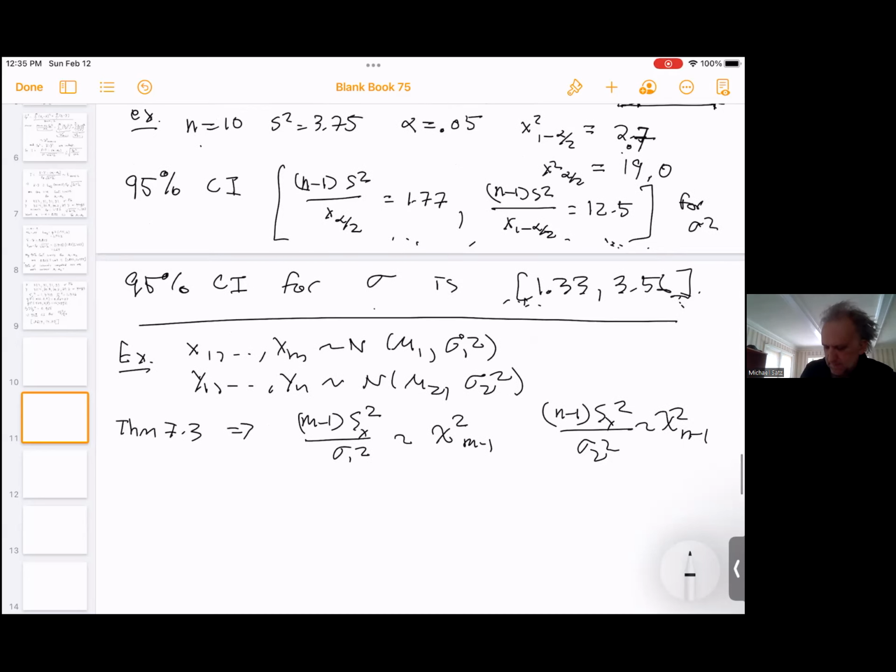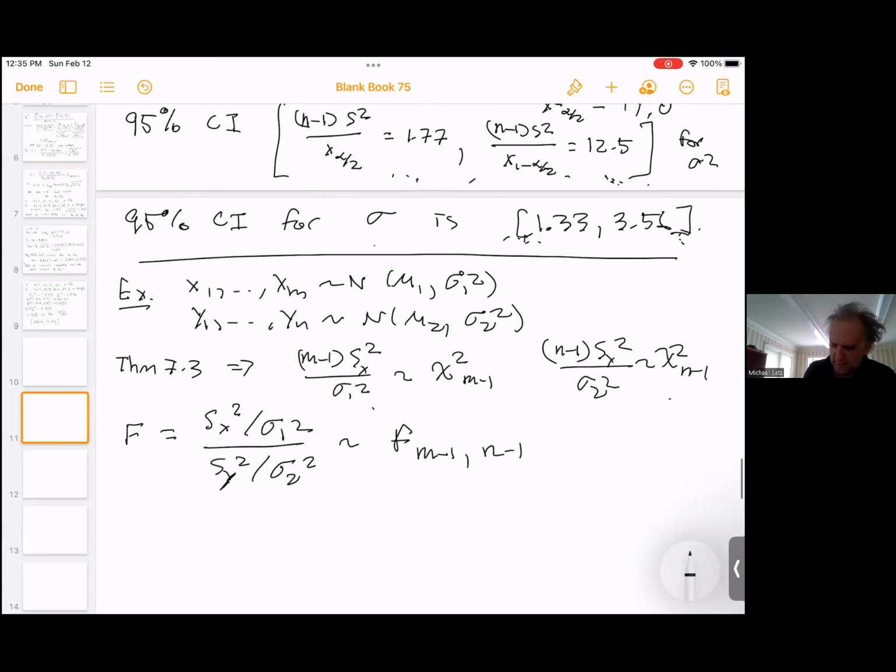And from the definition of an F random variable, we can set F equal to the quotient of these divided by their degrees of freedom. So F is equal to Sx squared over sigma 1 squared, over Sy squared over sigma 2 squared. And this has an F distribution with m minus 1 numerator degrees of freedom and n minus 1 denominator degrees of freedom.